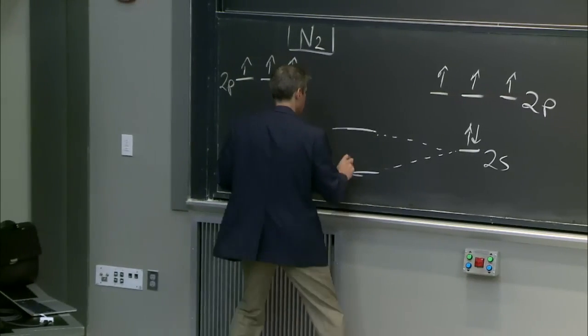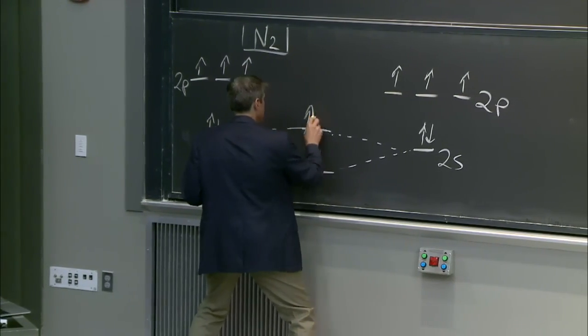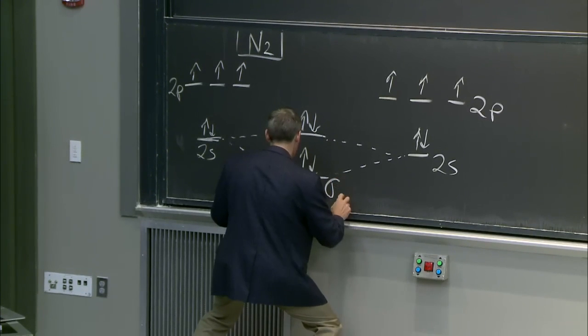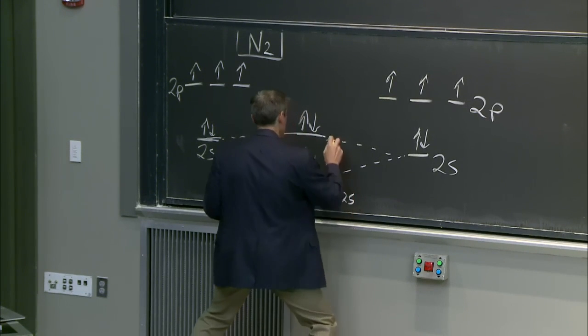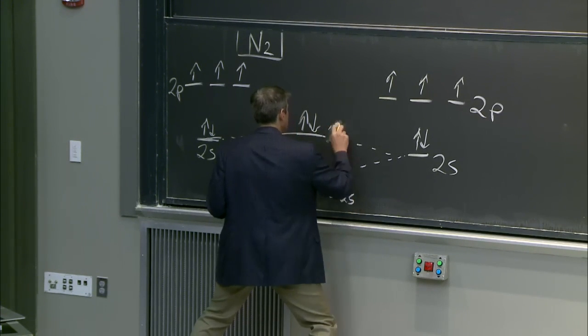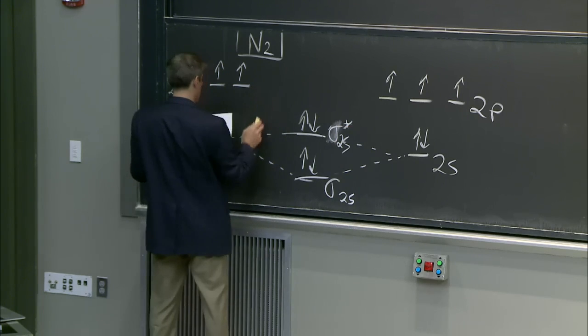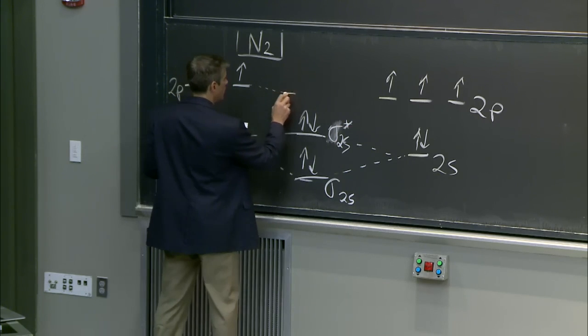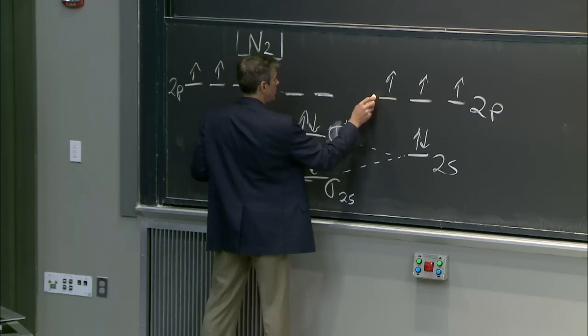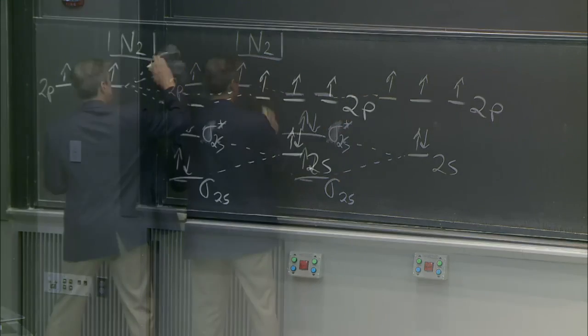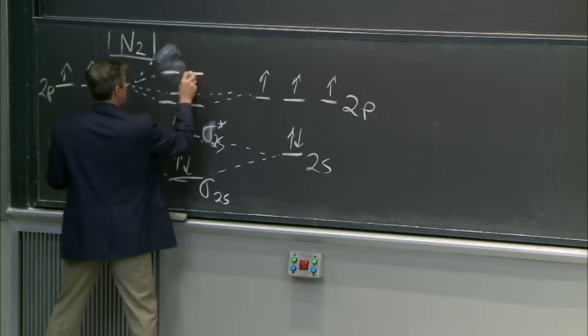And then this would be filled. Sigma 2s, sigma star 2s. And then for nitrogen, we also talked about how, oh boy, these are reversed. See, I'm now already backwards twice, which is not what I want.